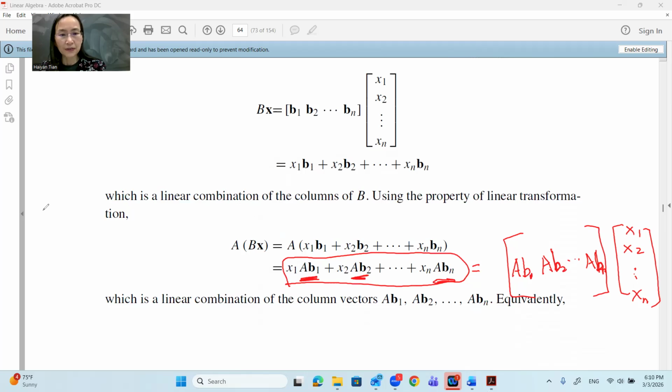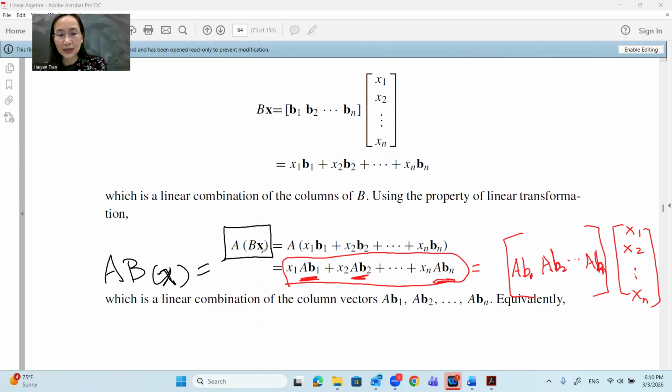So what we have is that we have rewritten the ABx in such a form. So you see this ABx, which is the AB mapping on an n-vector x, right?